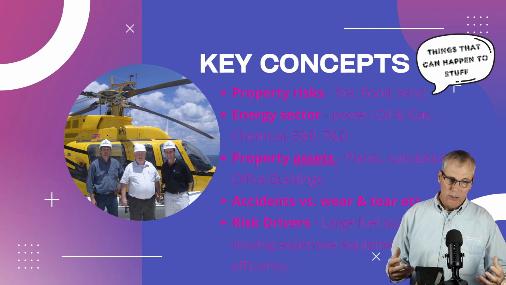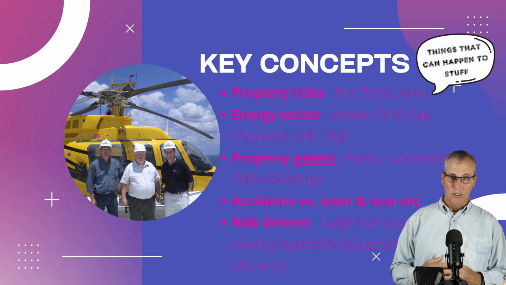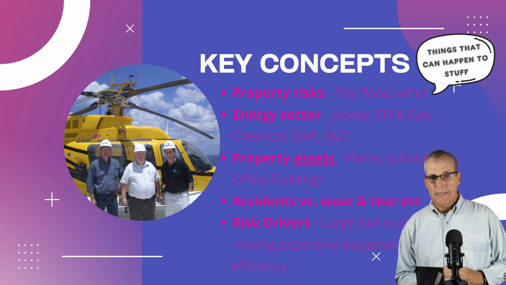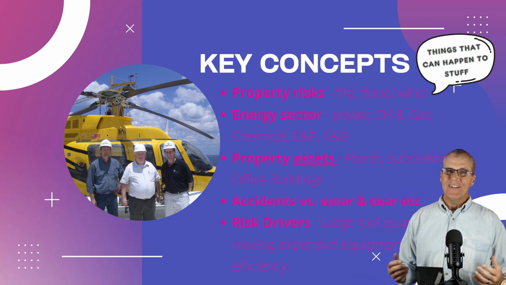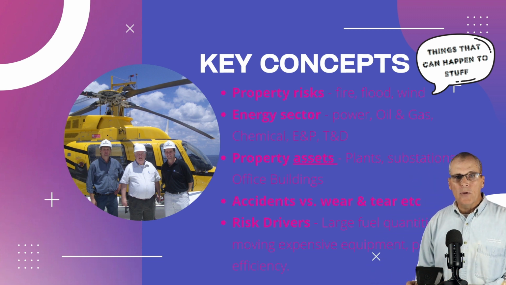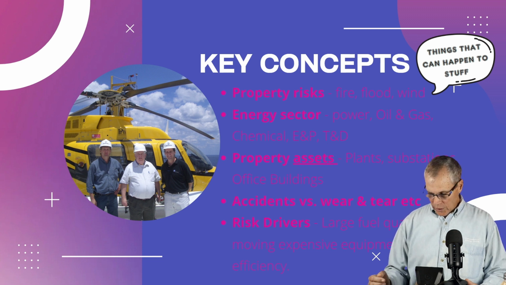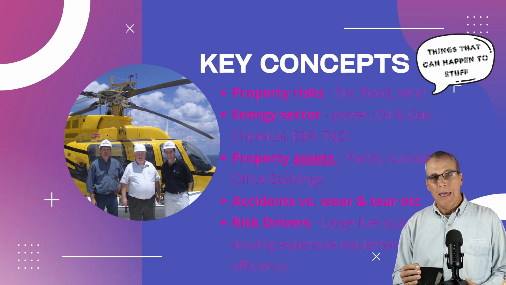So in the energy sector, we've got T&D, transmission lines, and transmission pipelines. What are the assets that we have out there? Besides pipelines, we've got plants, we've got substations, warehouses, office buildings, just a variety of physical structures that we need to be concerned with and manage.